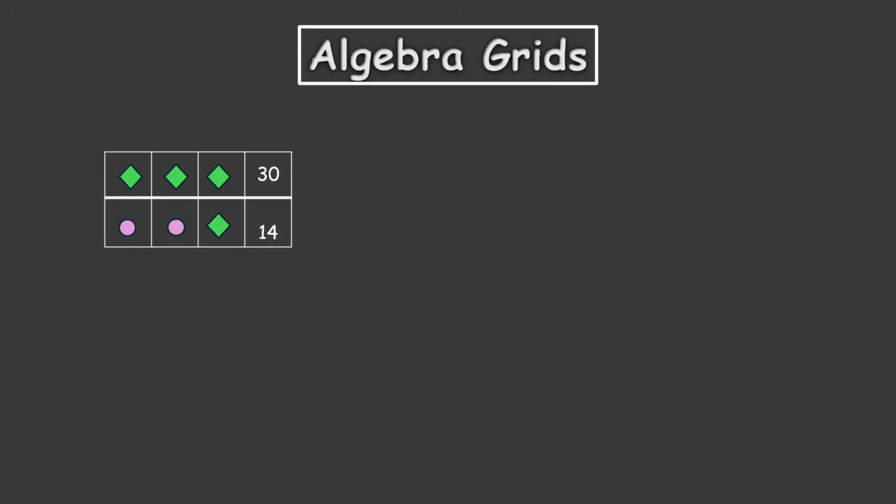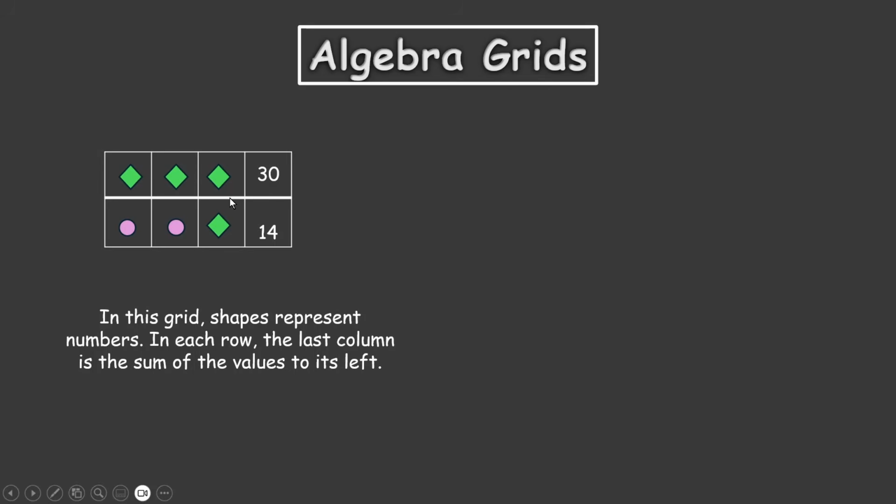Let's look at one example. In this grid, we have some shapes. These shapes represent numbers. In each row, the last column is the sum of the values to its left. Now we need to find the values of these shapes. So first of all, as it is given, 3 diamonds when added give us 30. That means one diamond has the value of 10.